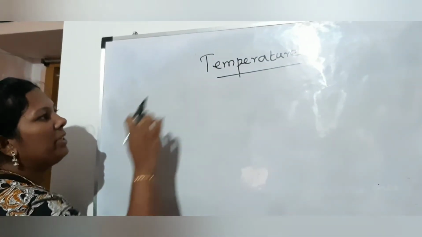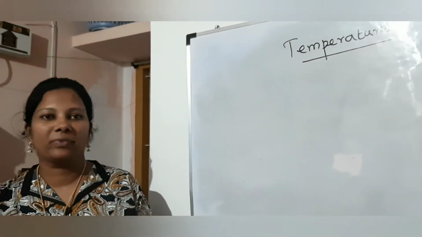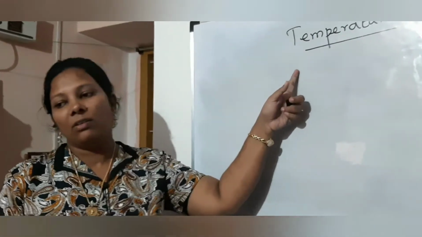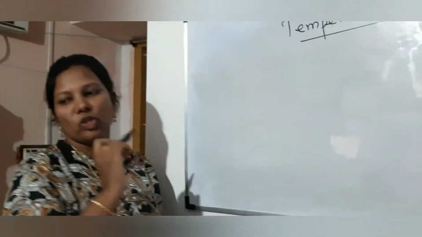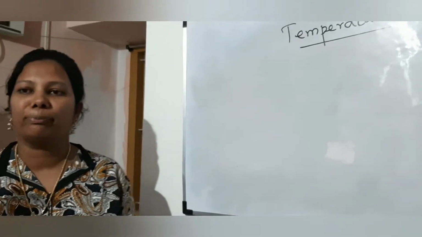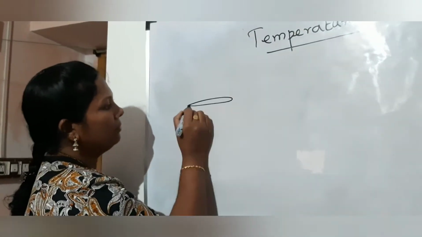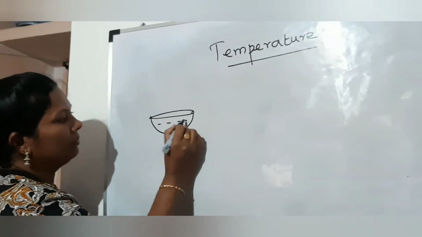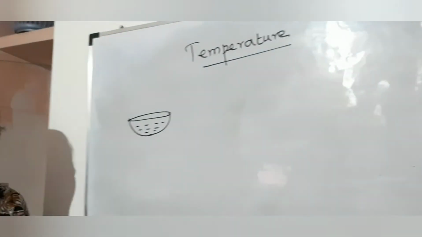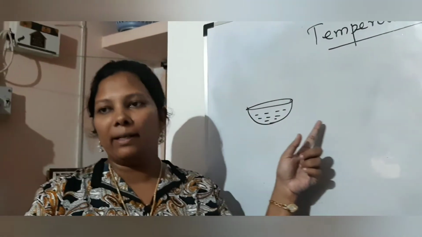So, how can we define temperature? Temperature is defined as a measure of average kinetic energy of particles in a system. Every substance consists of particles.